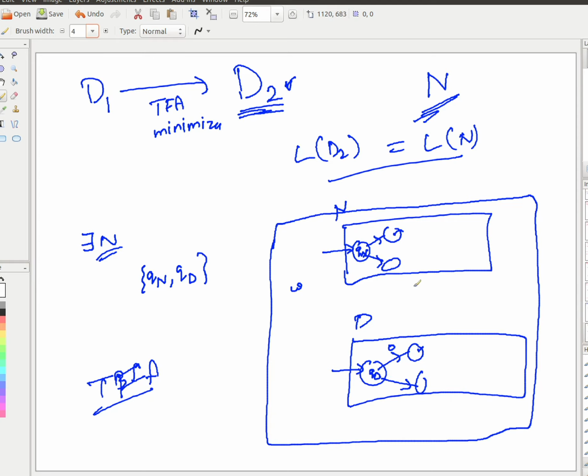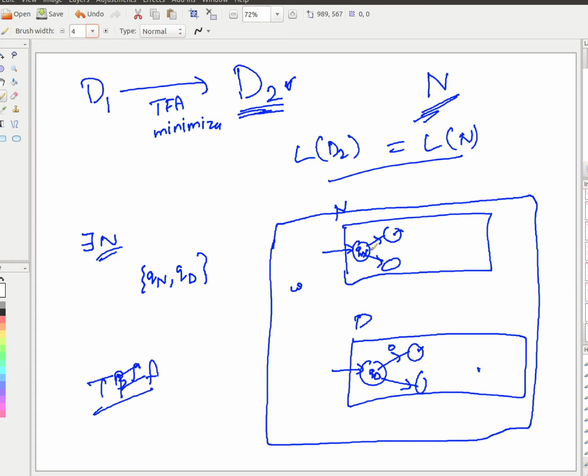This all is going to tell you that whenever you take a string and you are reaching, after delta cap from Q0, wherever you are reaching, it is always equivalent to some state here. Correct? If it is not equivalent, then there is a problem.